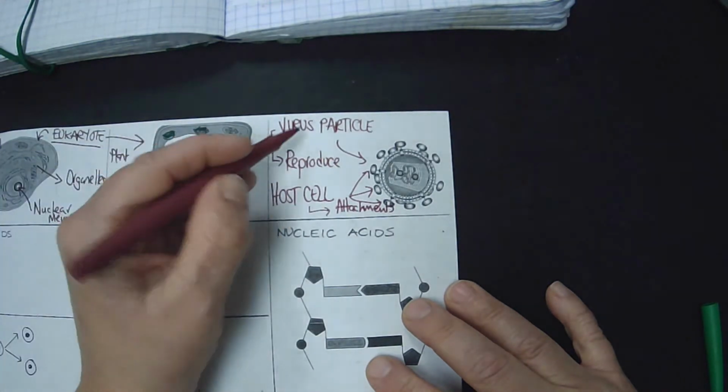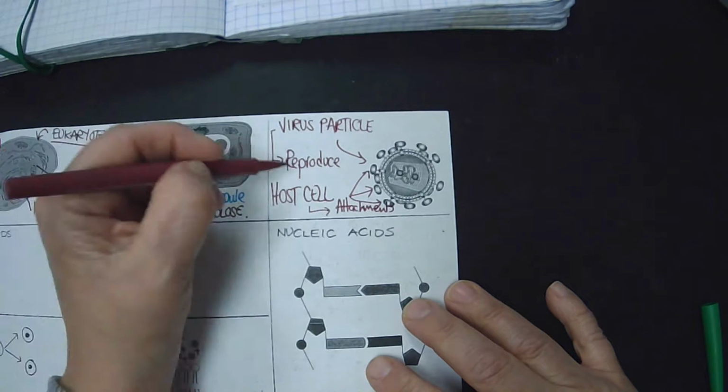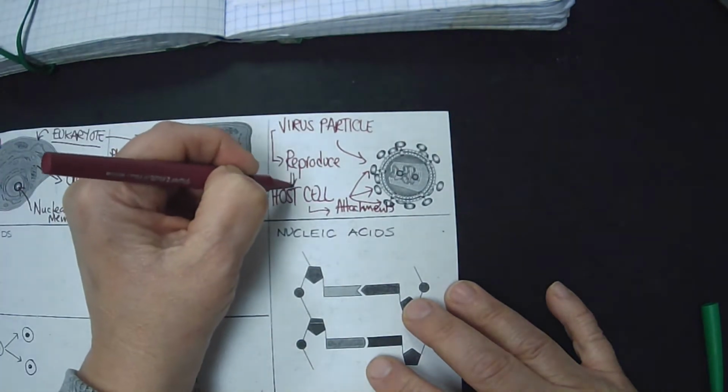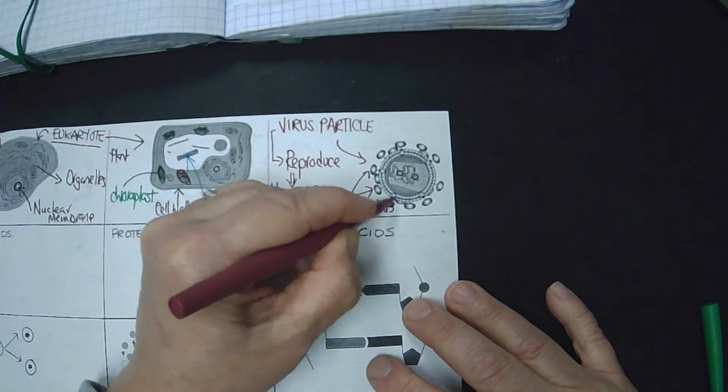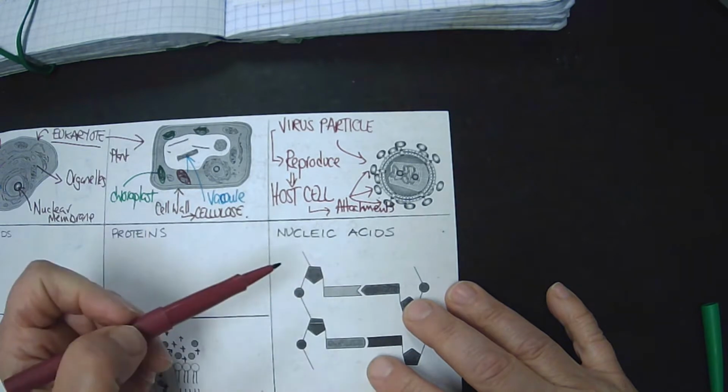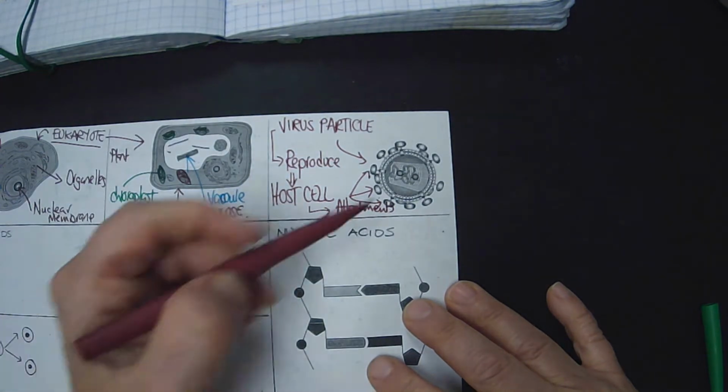So virus particles are not living because they are not made of cells. The only thing they can do is reproduce with the help of a host cell, which they can attach to. These spike proteins are specific to a type of cell that the virus attaches to.